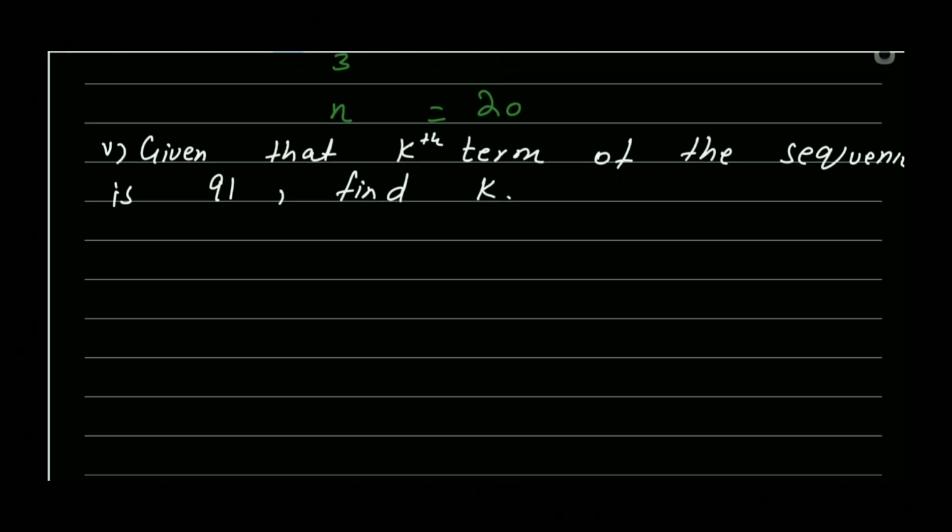So here again your nth term is equal to 3n plus 1. Given that kth term of the sequence is 91, so in place of nth term you will write kth term. You can write any variable here, so in this question they are asking to find kth term. So you will just replace n with k.